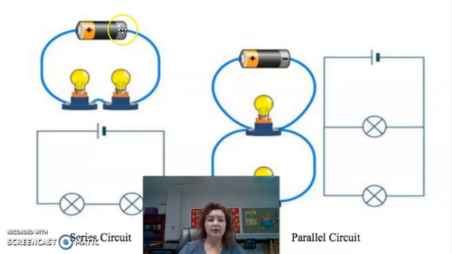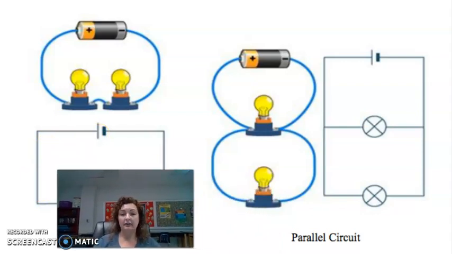So you can see we always go from negative to positive on our battery for the flow of current. So negative around to positive, I have one pathway there. So a series, and if you look at the drawing, you start here, you go around, and there's one pathway there for my electrons to flow through. That's what makes it a series. Parallel, on the other hand, I have at least two or more pathways that my electrons can follow.